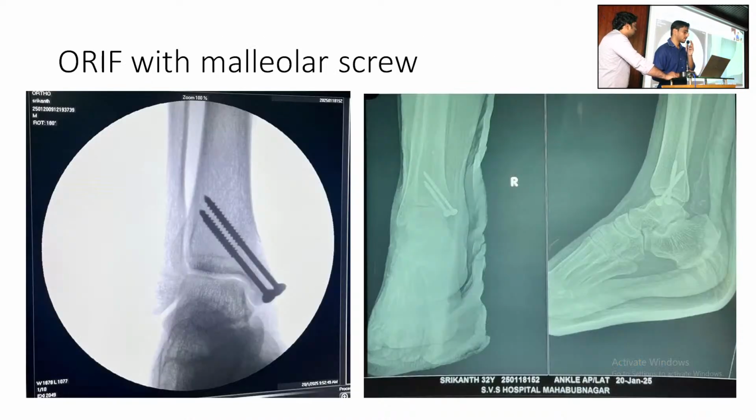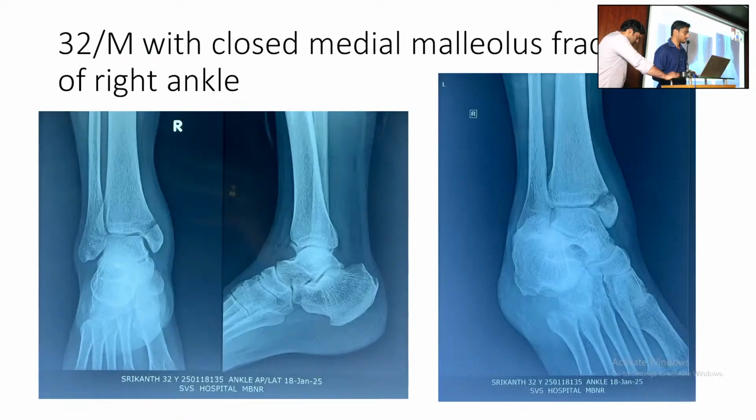Whether the talar body has shifted or not in the syndesmotic view or even here, the medial margin of the distal tibia and the lateral margin of the body of the talus fall in a line. If it is moved outwards, they don't fall in a single line.